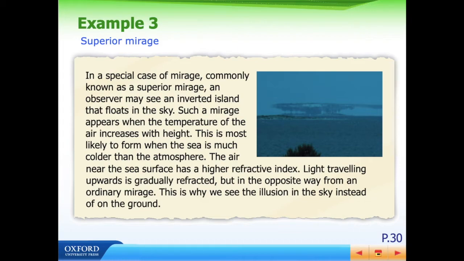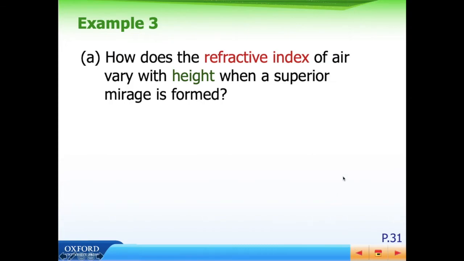This is most likely to form when the sea is much colder than the atmosphere. The air near the sea surface has a higher refractive index. Light traveling upwards is gradually refracted, but in the opposite way from an ordinary mirage. This is why we see the illusion in the sky instead of on the ground.